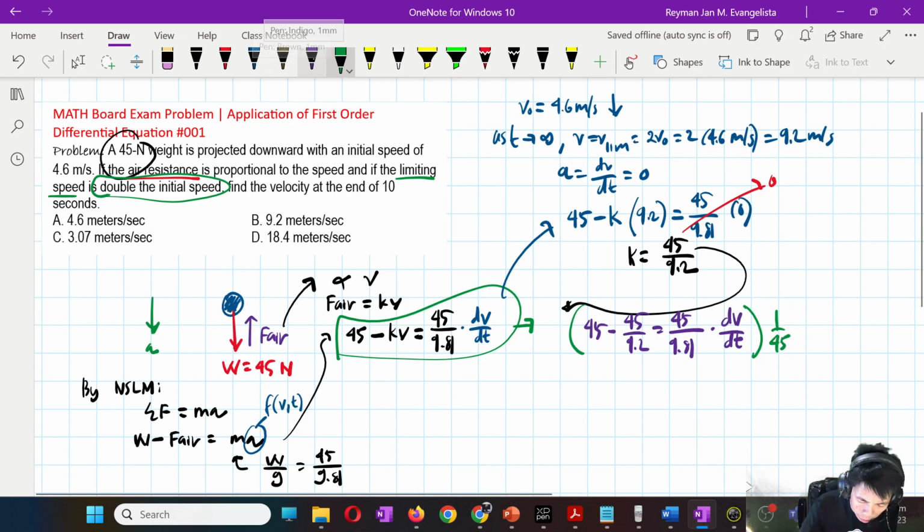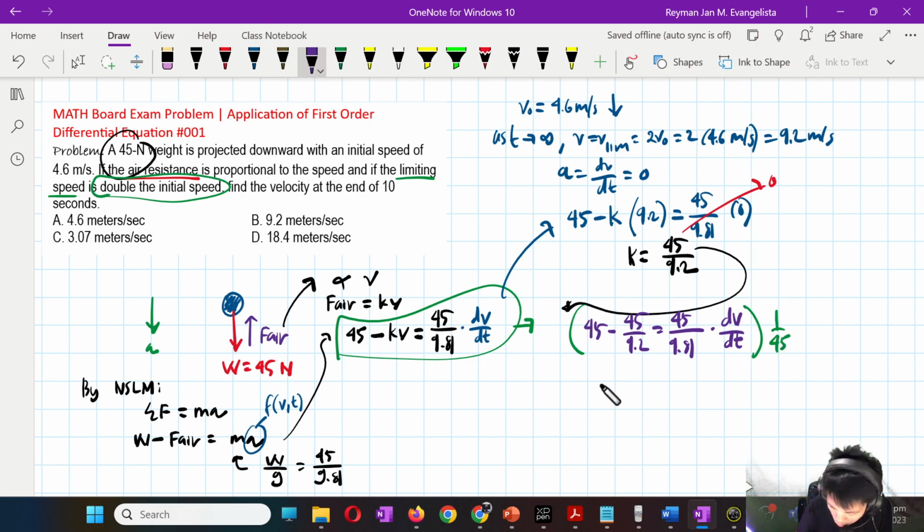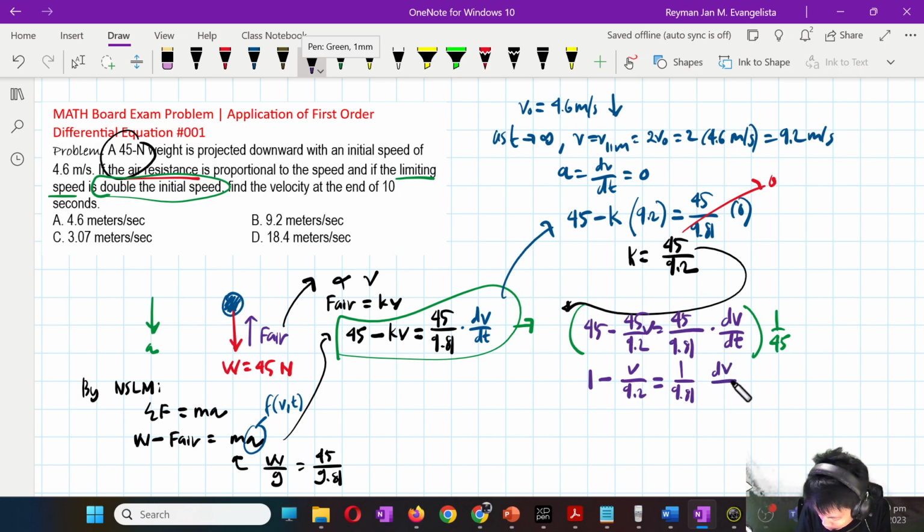So it simply gives us the new equation, 1 minus v over 9.2 equals 1 over 9.81 times dv dt. I forgot to write the v here.